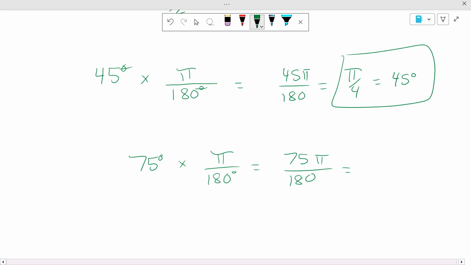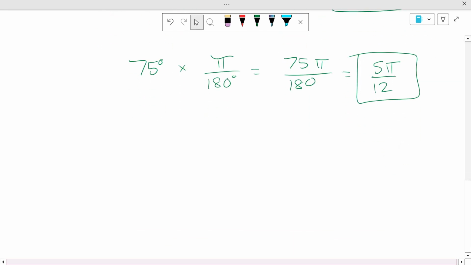Could you type the fraction 75 over 180 and press equals and let the calculator do the work for you? Okay, it might give you a decimal and then you have to ask it to do a fraction for you. And what do you get? What's 75 over 180? 5/12. So you get 5 pi over 12. Okay, so that's going from degrees to radians.